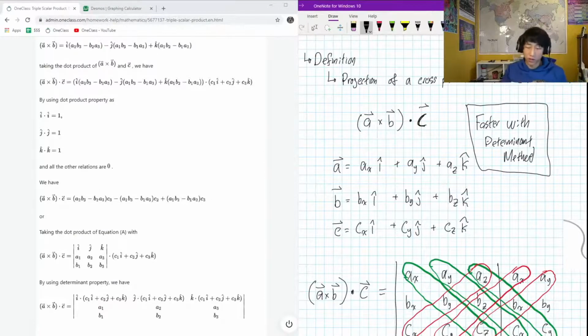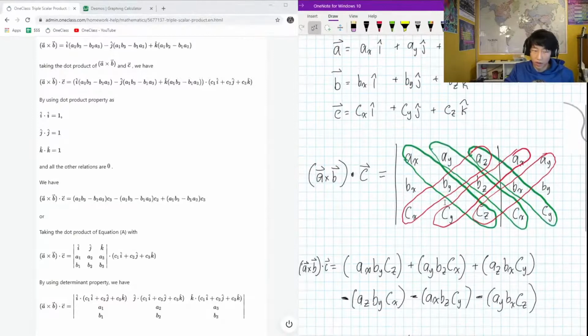If you don't know what a determinant is, don't worry about that too much. You'll see that when you learn about linear algebra. It's a whole other topic, but nothing to be concerned about.